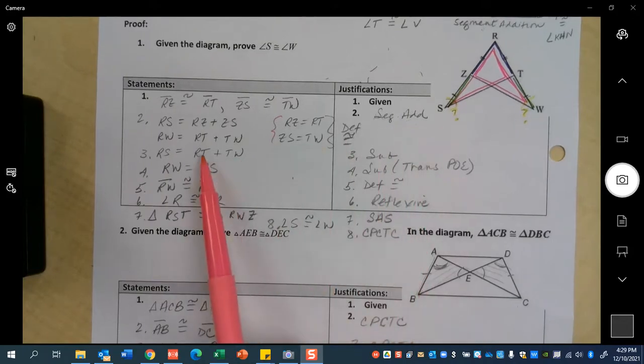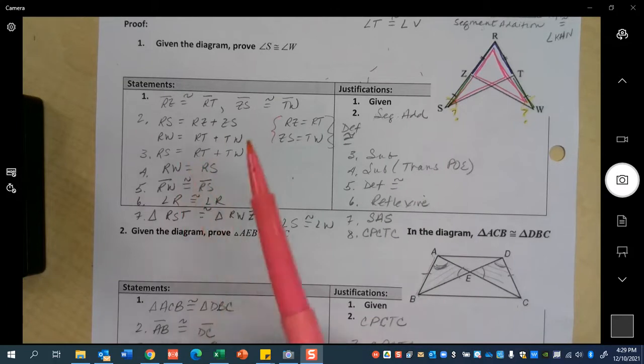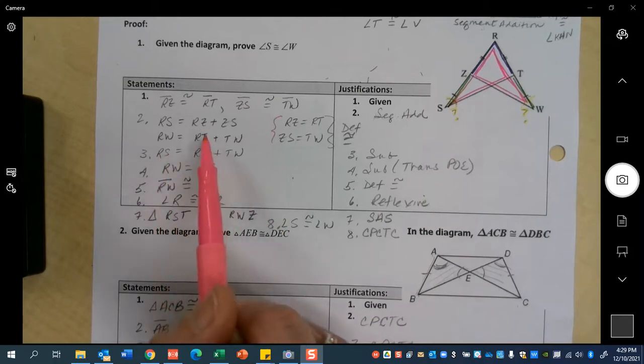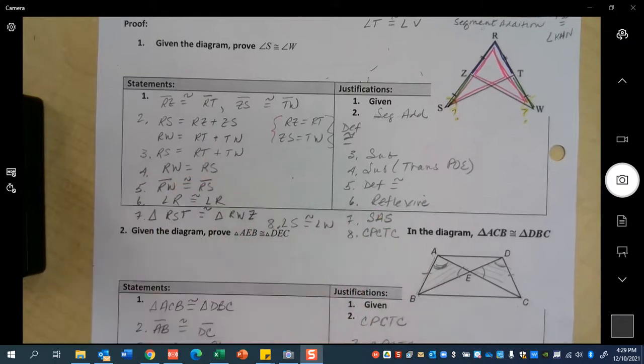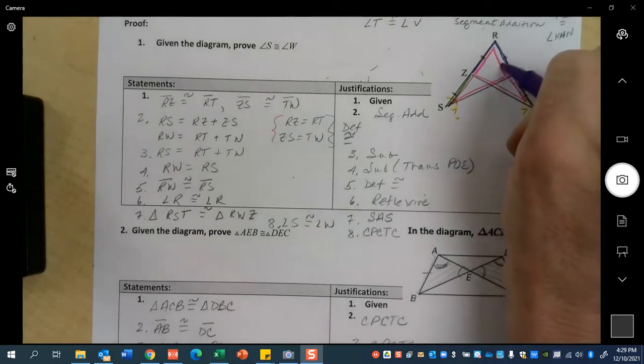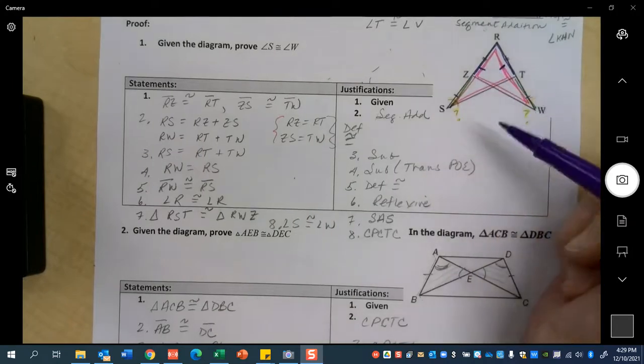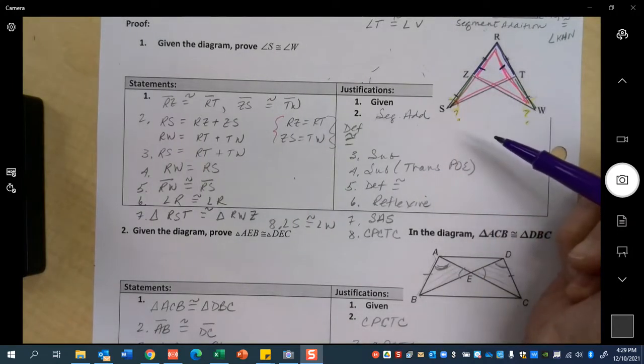And then I do some substituting to express RS in terms of RW. And then I can substitute again to keep them together, or I can use the transitive property of equality. They both work. So then I have my long sides of my triangles congruent. So don't forget I had my short sides here, and I just now proved my long sides.